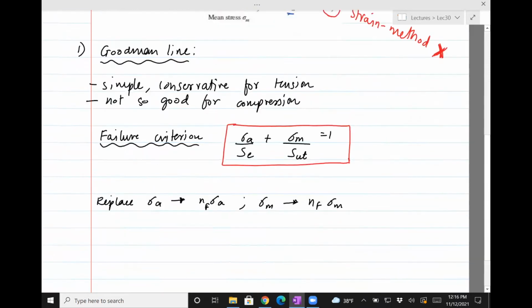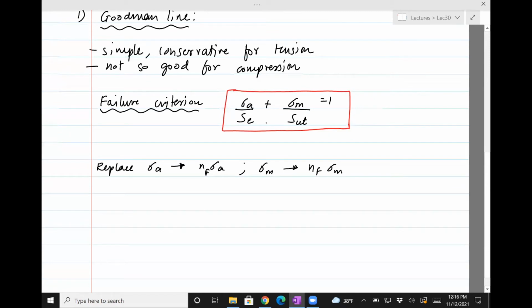So replace that in the equation above and find the equation for NF, which is our design factor for fatigue load. NF comes out to be sigma A divided by SE plus sigma M divided by SUT, the whole inverse.